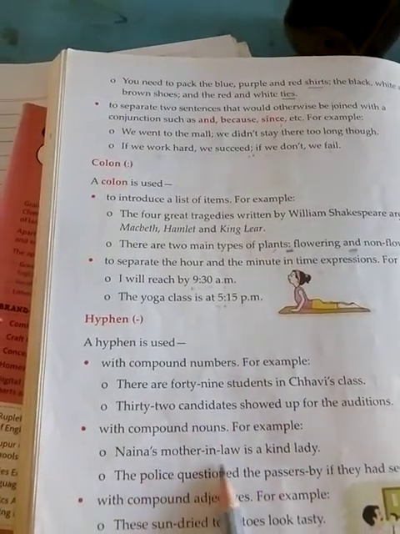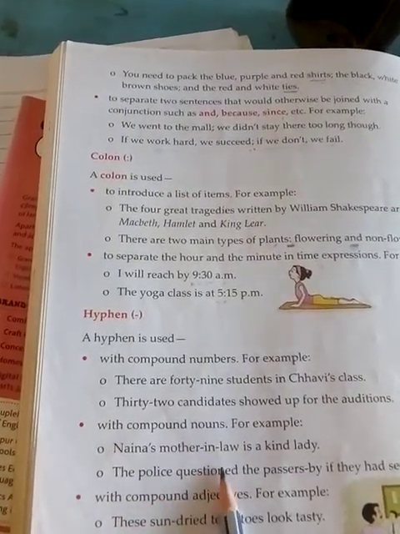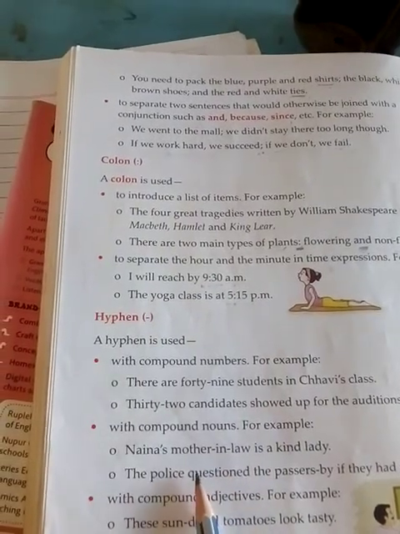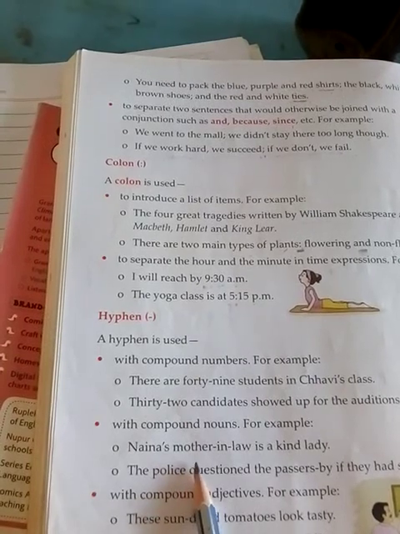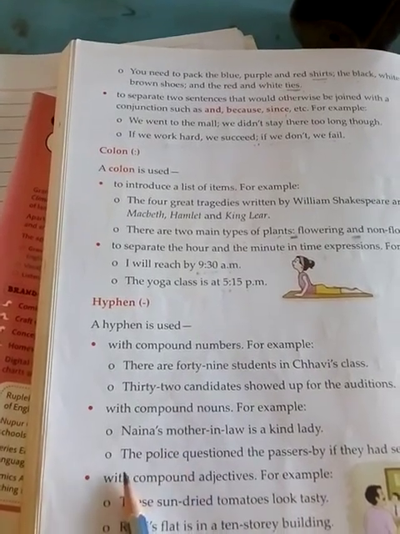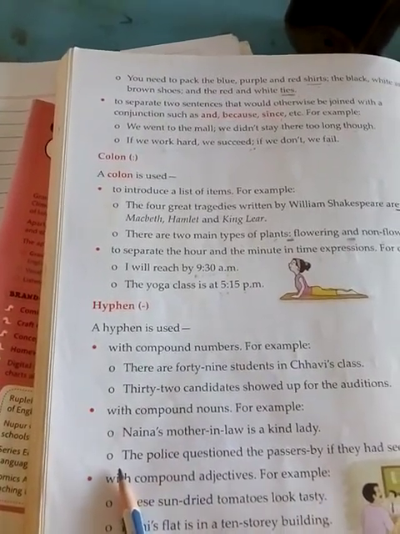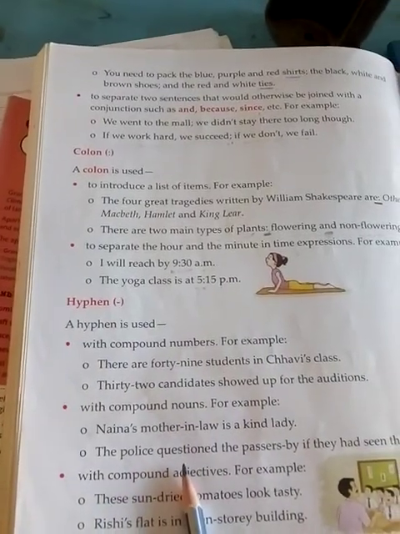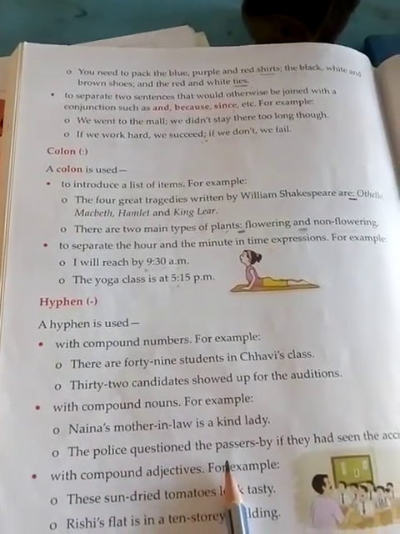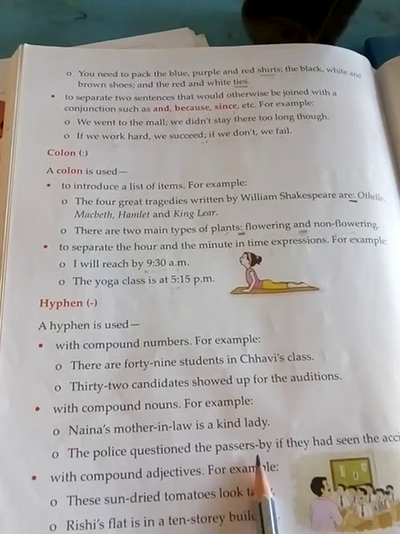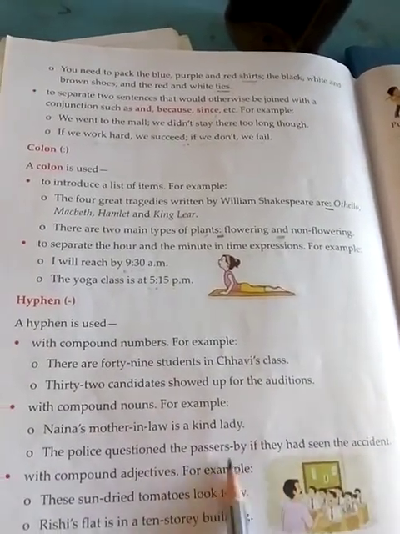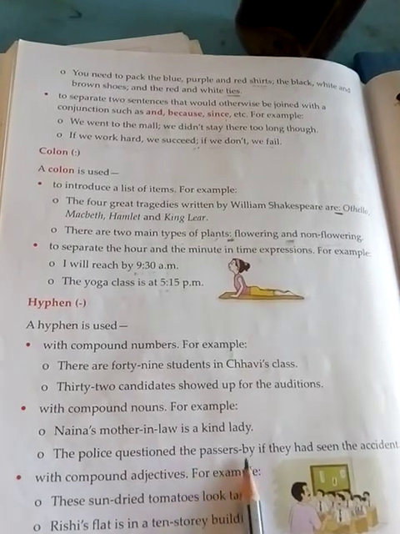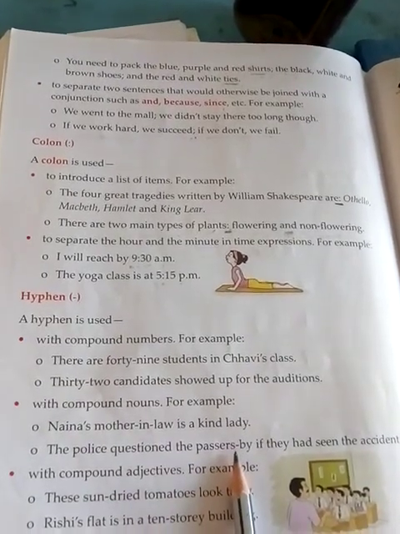To indicate mother-in-law, father-in-law, brother-in-law, sister-in-law, in between them, the word in-law, we use hyphens. Now, the police questioned the passers-by if they had seen the accident. Here between the passers-by, a hyphen is used.